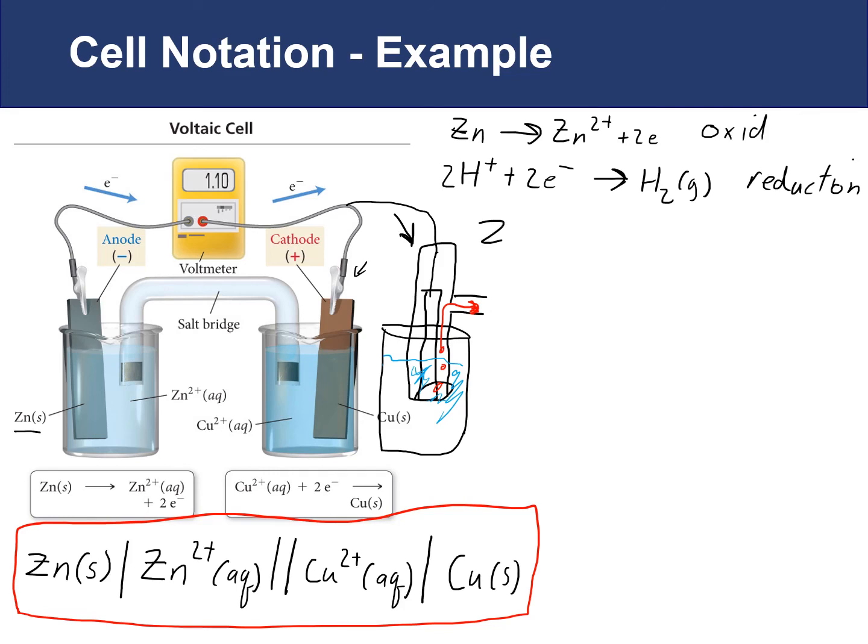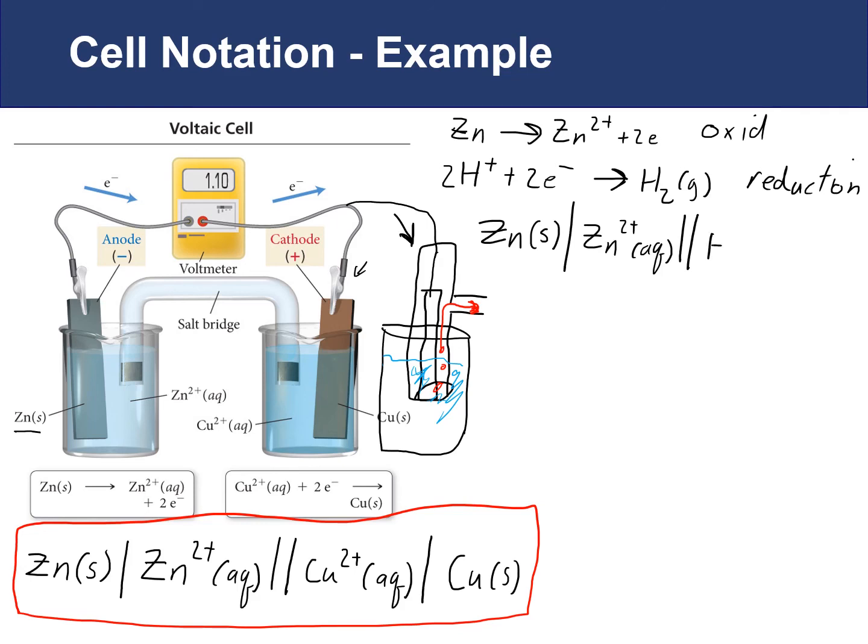So you would have zinc, which is your first electrode, that's your anode. Vertical line, because it is a different phase from your zinc 2 plus aqueous, that is your electrolyte. Two lines, because you have your salt bridge.